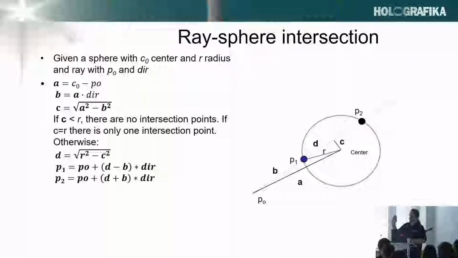So I will just very quickly show you how to do ray-sphere intersections. Again, as I've told you in the beginning, when we talk about acceleration structures, we need both the incoming hit point and the outgoing hit point, so that if we miss the triangles inside the acceleration structure, we can continue towards the next bounding sphere or the next bounding box.